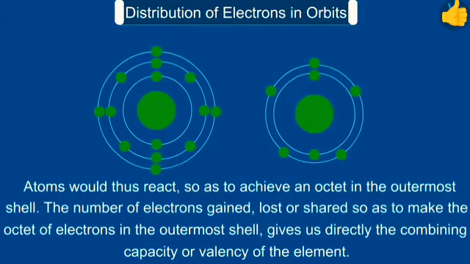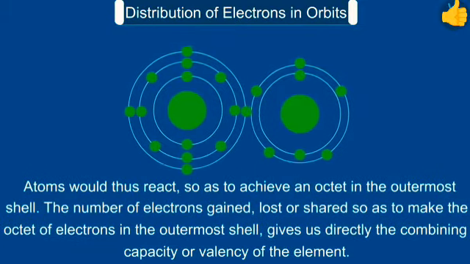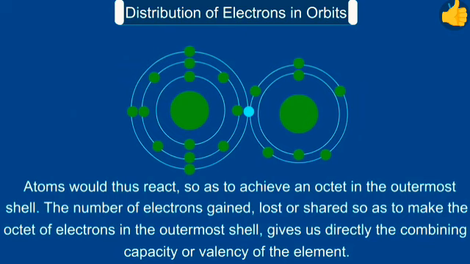Atoms would thus react so as to achieve an octet in the outermost shell. The number of electrons gained, lost, or shared so as to make the octet of electrons in the outermost shell gives us directly the combining capacity or valency of the element.